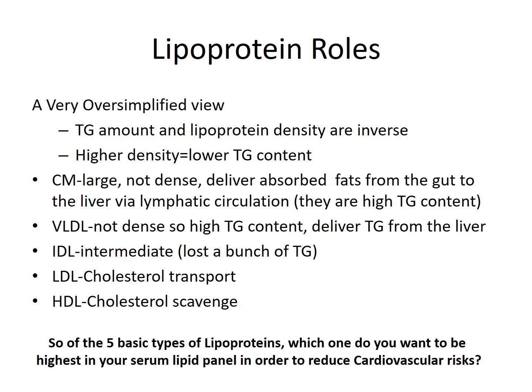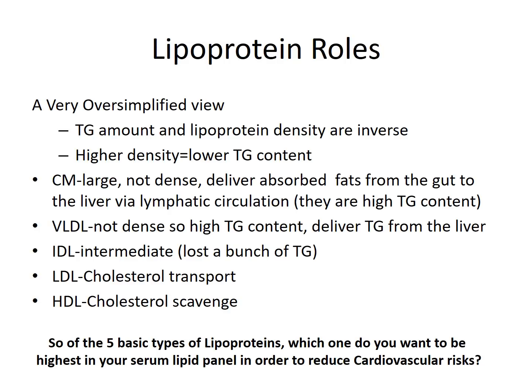Lipoproteins, what do they do? They carry triglyceride and fat. Density is dependent on the triglyceride content. A higher density lipoprotein has a lower triglyceride content. Chylomicrons, again, are very large. They're not dense.